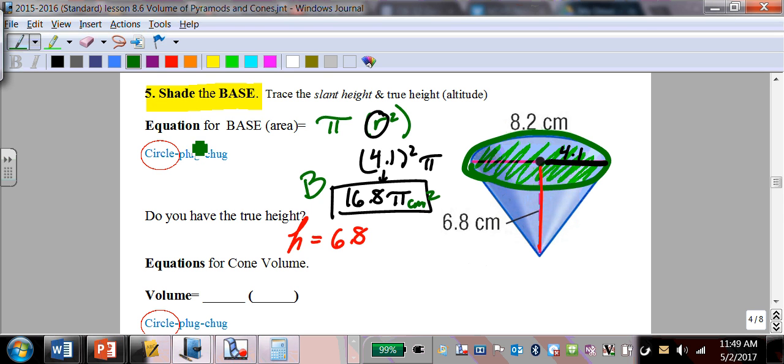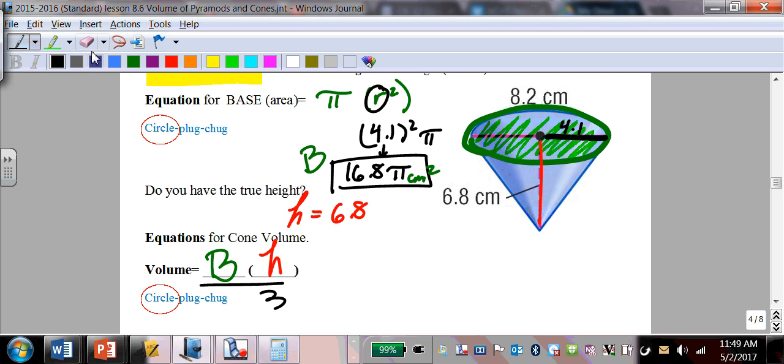Now we come down here. Lexi, what's our equation for volume of a cone? Lovely. Fabulous. Now, we circle, plug and chug. Circle B for base. What's our base? Don't forget, don't drop the pi. Got it?